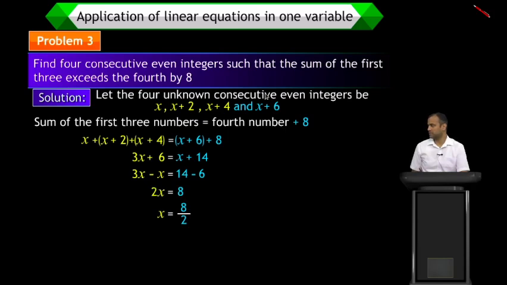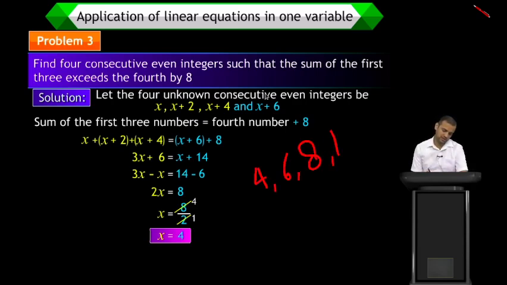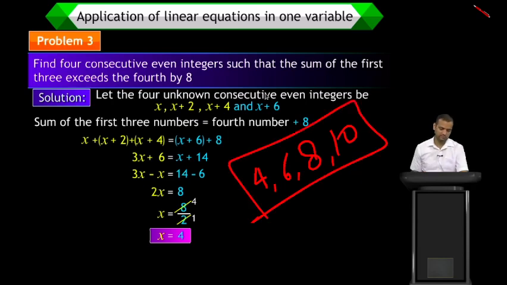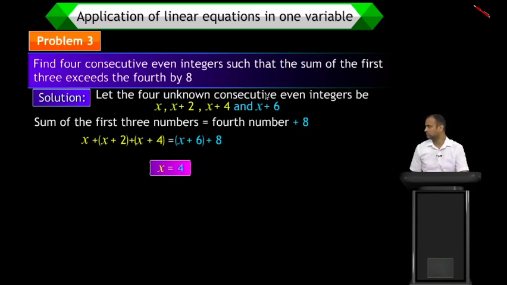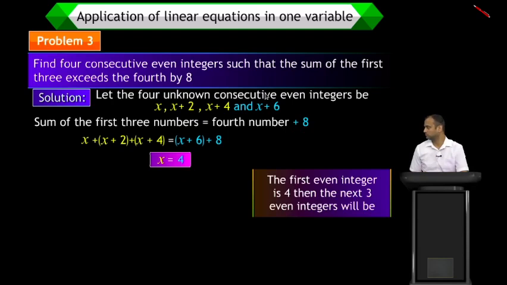So this is our first number, and if you have to find the other even numbers, then you can add 2 to each number, like 4, then 6, then 8, then 10. So these are the other consecutive even numbers.